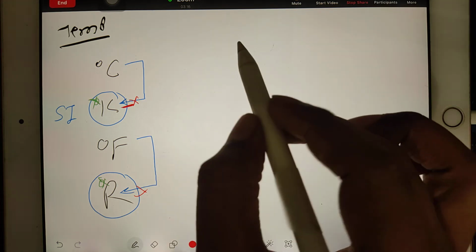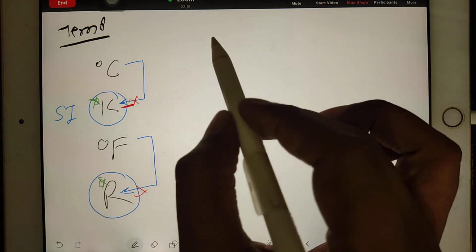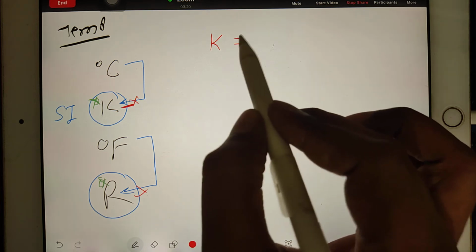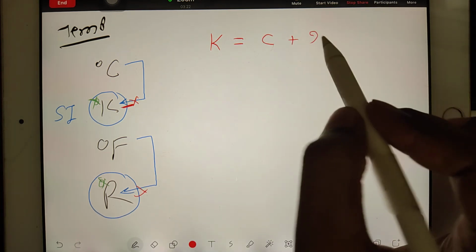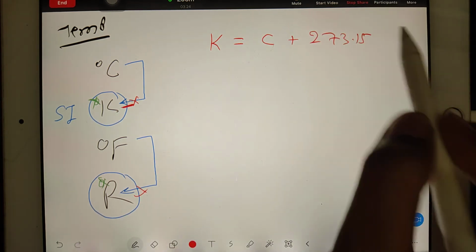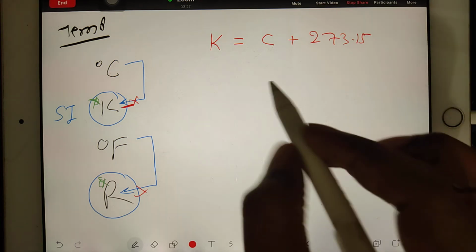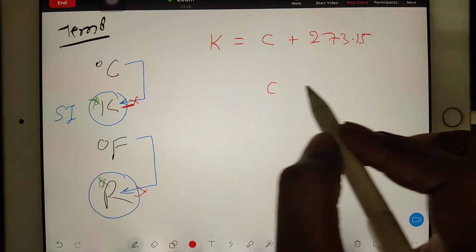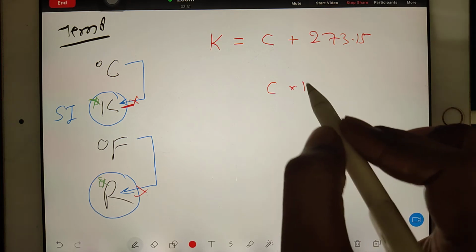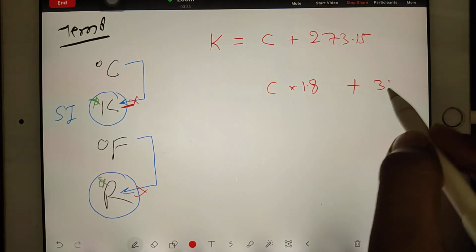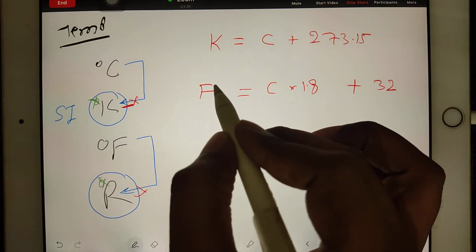So we have some unit conversions as well. If you want to find the Kelvin temperature from the Celsius temperature, you add 273.15. If the Celsius temperature is there and you multiply by 1.8 and then add 32, it becomes the Fahrenheit temperature.